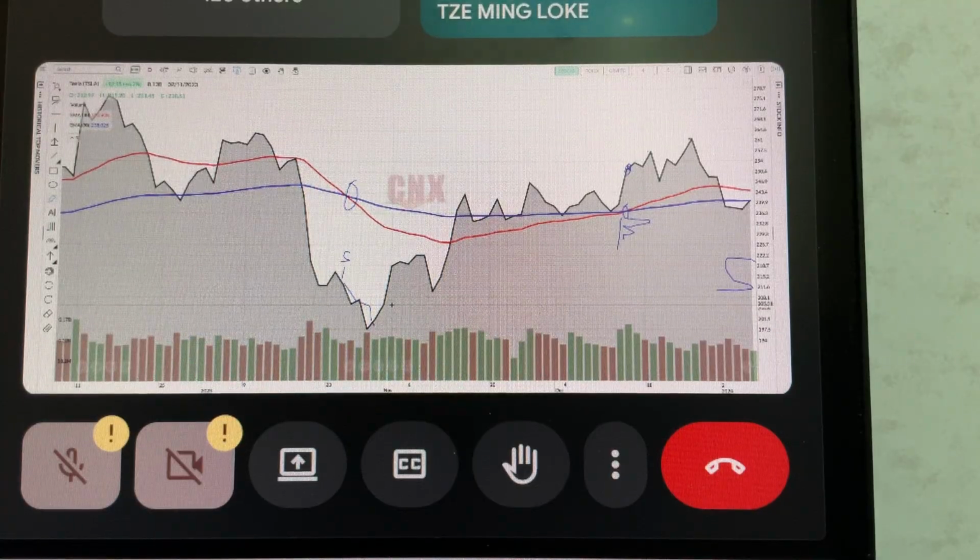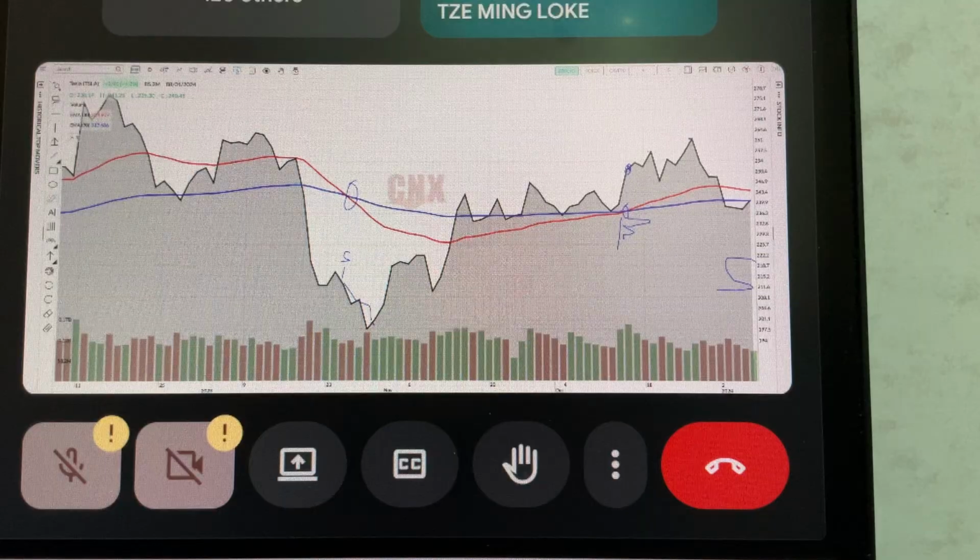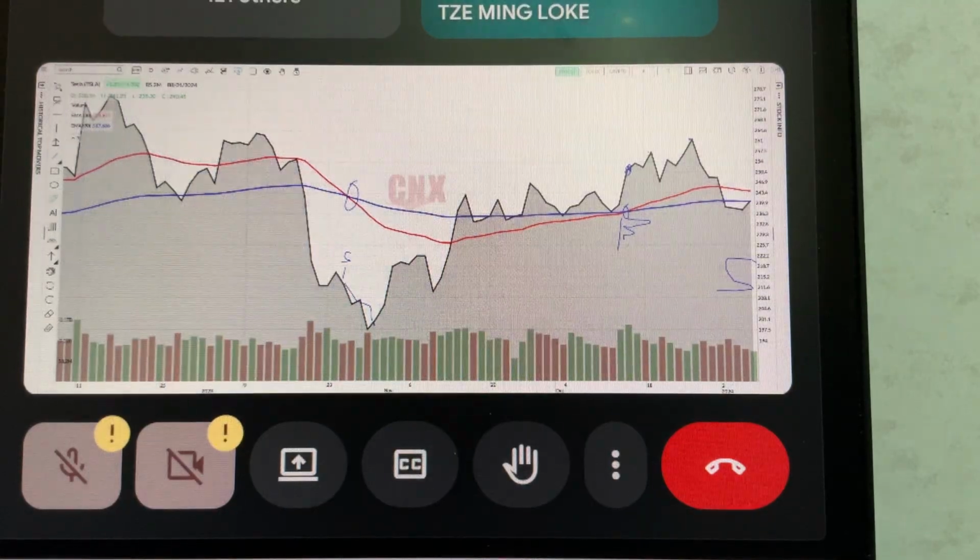That's why technical analysis is more for short-term trading. It's not like keeping it for the long term. It's basically for you to guess what is going to happen in the next few days. So that's the important part about technical analysis.